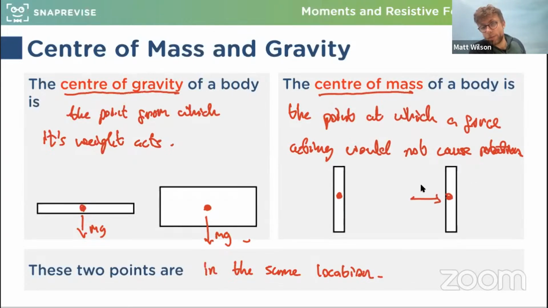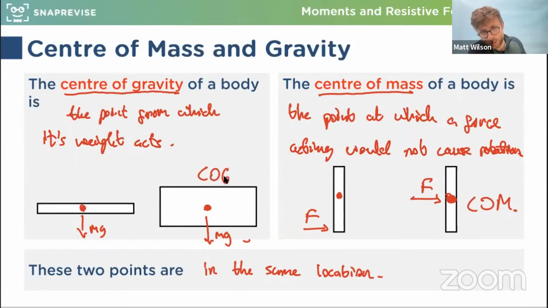Here, I'm going to make the force act in the middle. Here, I'm going to make the force act at the bottom. If the force acts at the bottom, it will make this rod spin. However, if the force acts in the middle, it won't make it spin. After all, if it did, which way would it spin? Clockwise or anti-clockwise? You wouldn't even be able to choose. So this force on the right-hand side is acting in the one position where it won't be causing any kind of rotation. This is the center of mass.